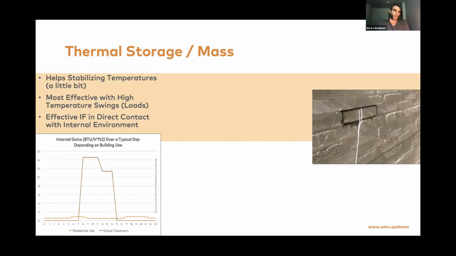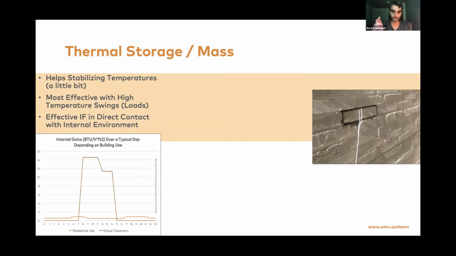The graph on the left-hand side shows the internal gains comparison between a house and a school. The difference is that a house has very constant internal gains, whereas in a classroom you have kids coming in at a certain time of the day, so you have a peak in occupancy, and then they walk out and there's nobody around at night.